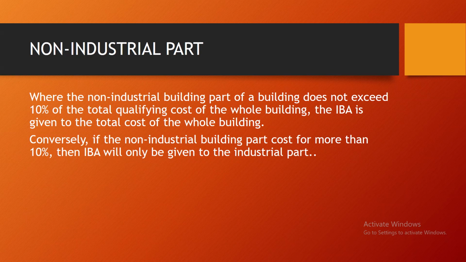If the non-industrial part costs more than 10% of the total qualifying cost, then it is significant, and it needs to be removed as another deduction to arrive at the qualifying cost. If it is less than 10%, it is taken to be insignificant, so we just ignore it as if the whole building is the industrial building. That's what we're going to look at.